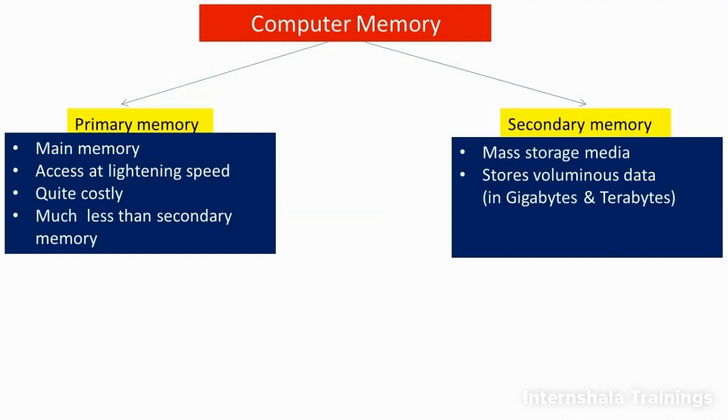Very voluminous data can be stored on secondary memory, in terms of gigabytes and terabytes. It is much slower than primary memory. Again, the reason is that primary memory is an internal memory and secondary memory is external memory. It is also much cheaper than primary memory.